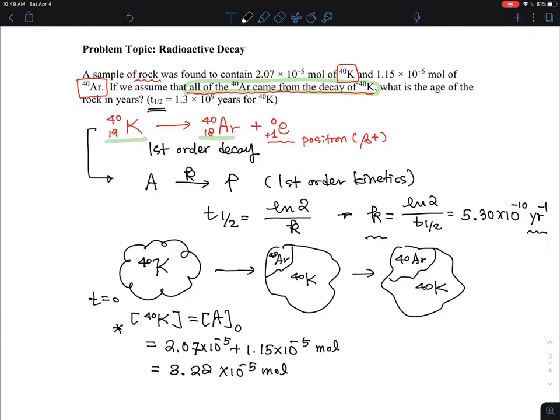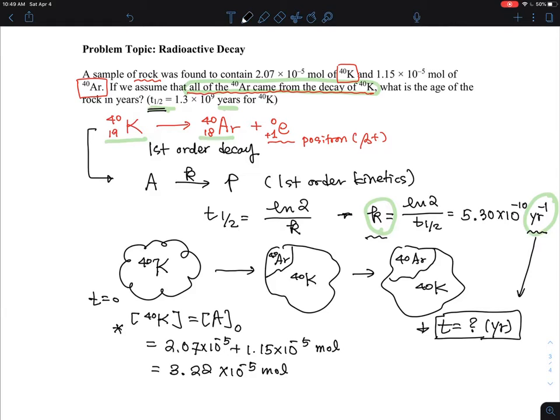Okay, and then at some point, we don't know the time, and this is something that we want to find out. Because we use a per year basis, the number that we get will have a unit of years. That's the correlation you will anticipate because of the k value, which is per year, and the half-life was given in years.